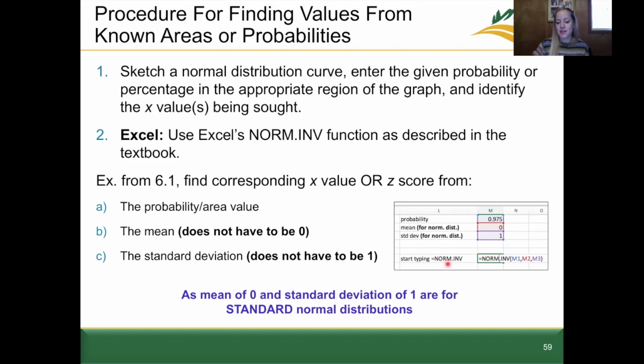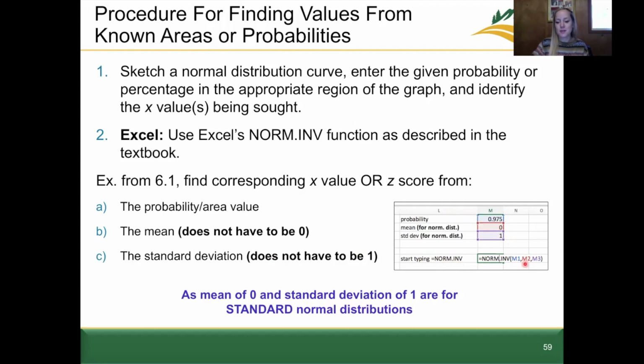To set up that function in Excel, we would start by typing an equal sign to set up any function, then norm.inv. The first number in that formula is our probability value or area value. Importantly, this probability or area value needs to be from 0 to 1. You can't use a probability value that's in a percentage, so you need to convert that out of a percentage first.